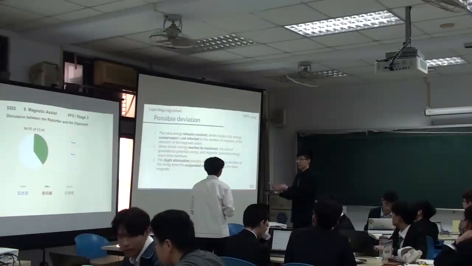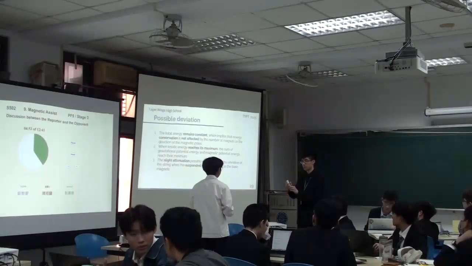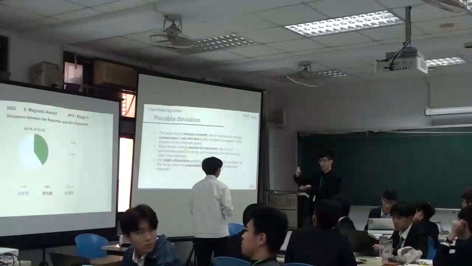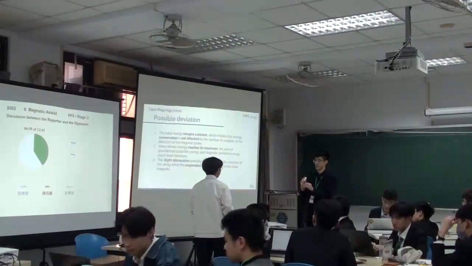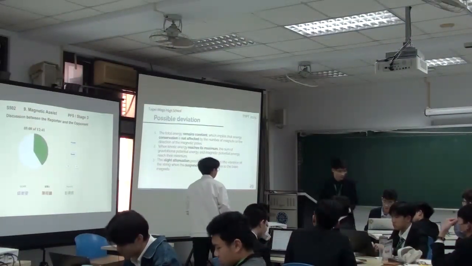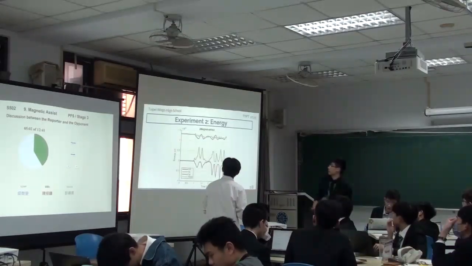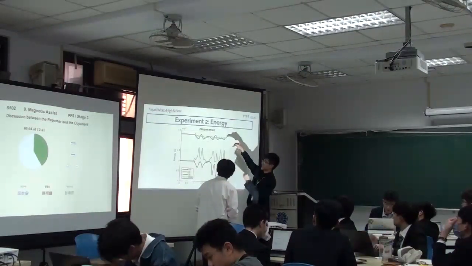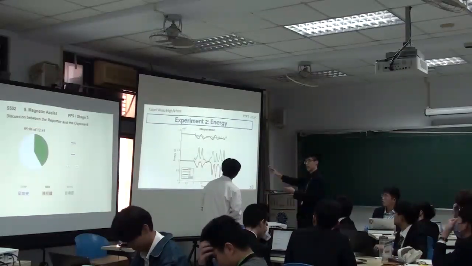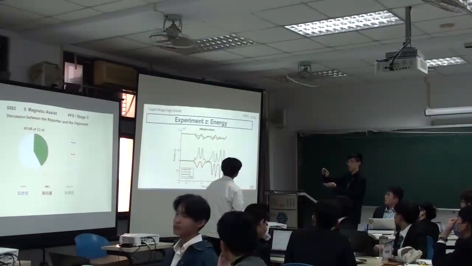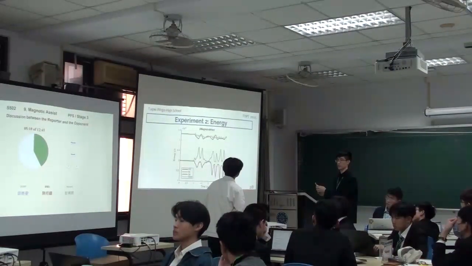In real life conditions, there won't be perfect energy conservation, because you cannot calculate all the energy losses. So as long as the error between the highest and the lowest is not that big, I can assume that the energy conservation still fits this condition.